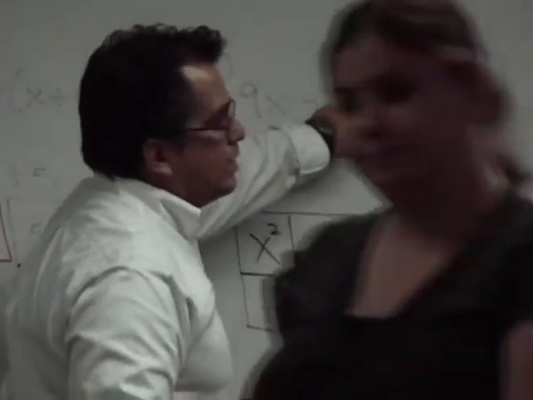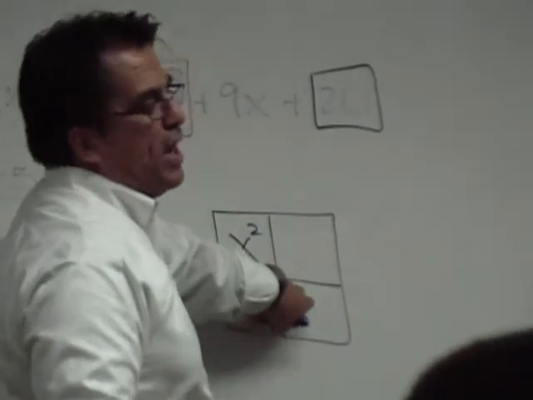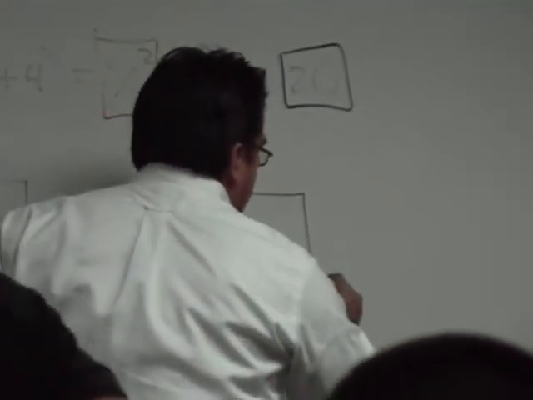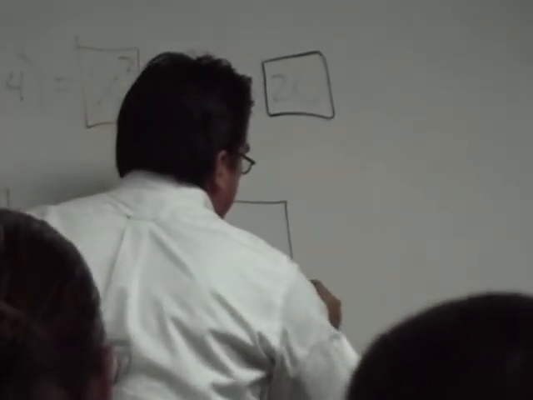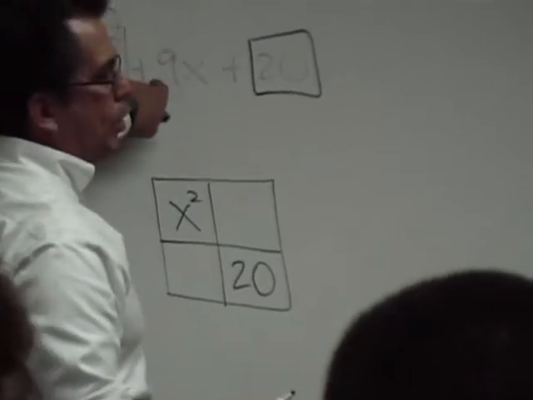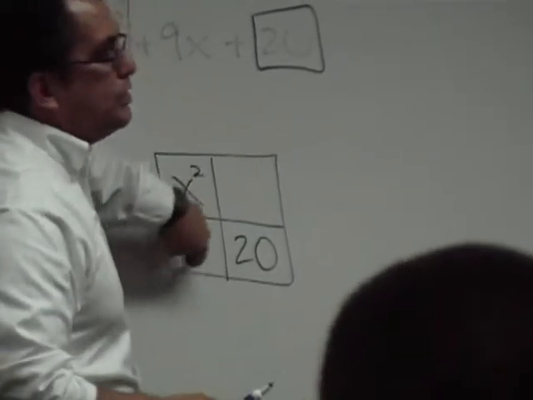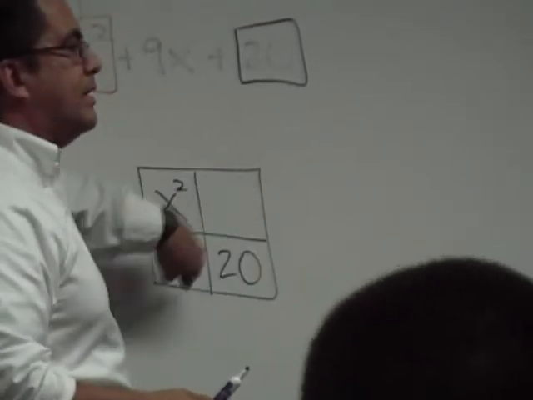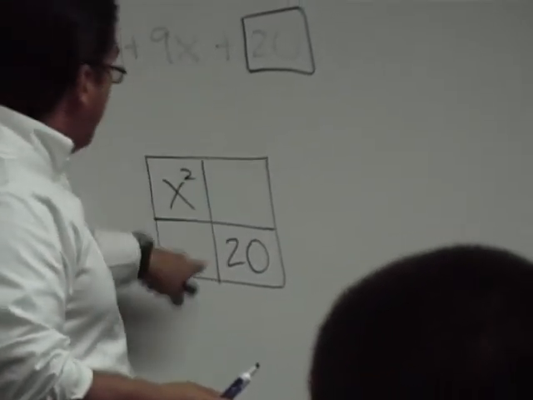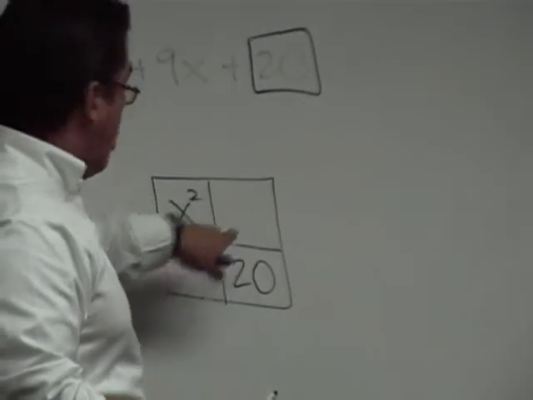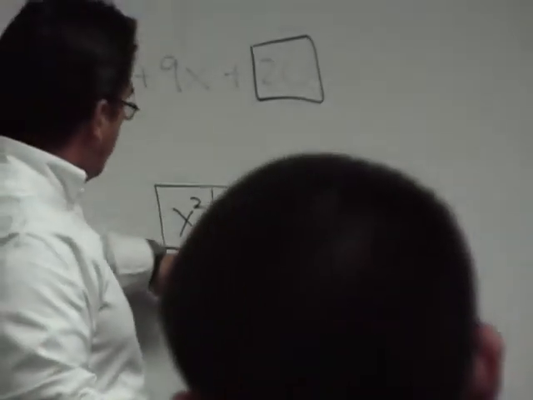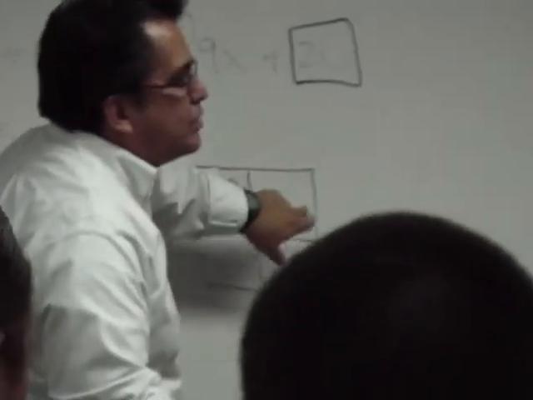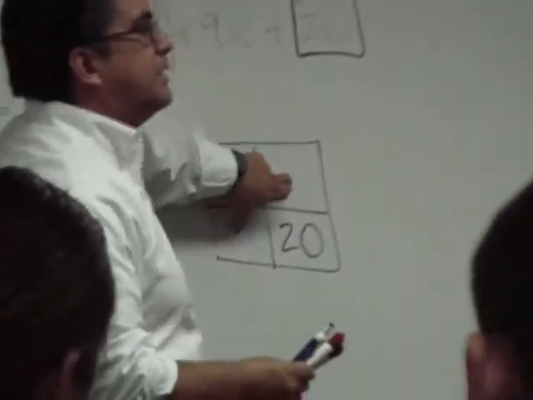My last term goes in the last box. Does that make sense? And here's where the X game comes in. Where's the 9x going to go? It's going to go in these two boxes. But how are we going to split the 9x? Is it going to be 1x plus 8x? Or 2x plus 7x? Or 3x plus 6x? What is the right combination of numbers that we want right here?